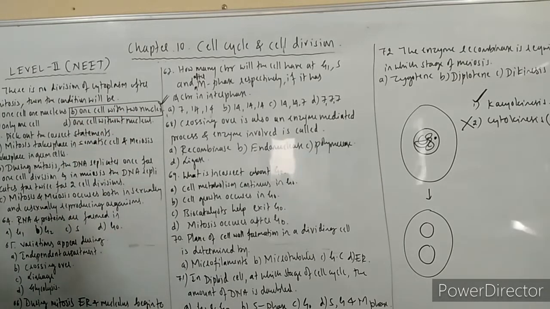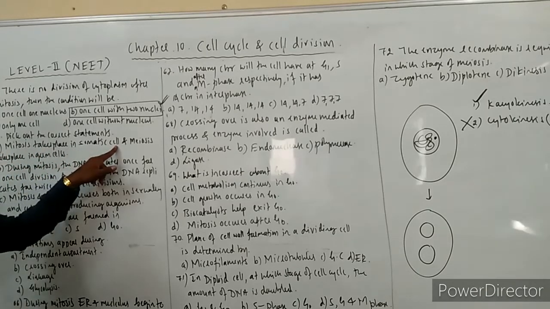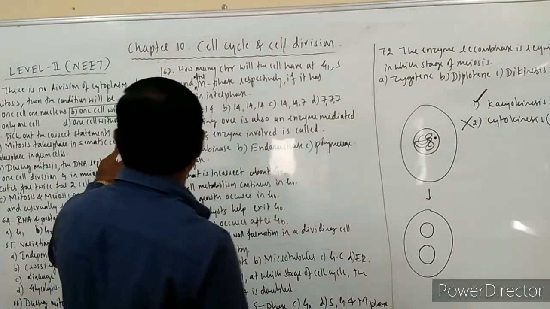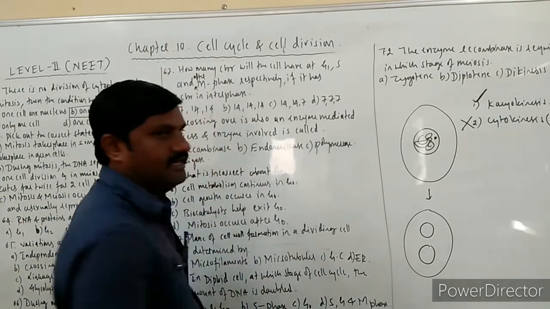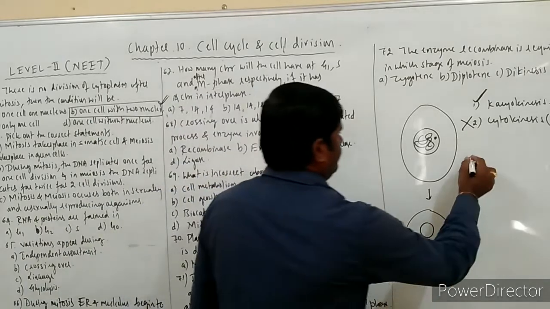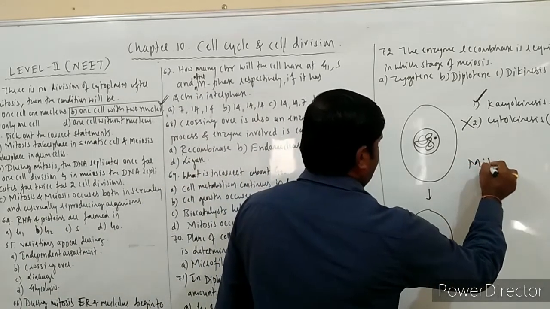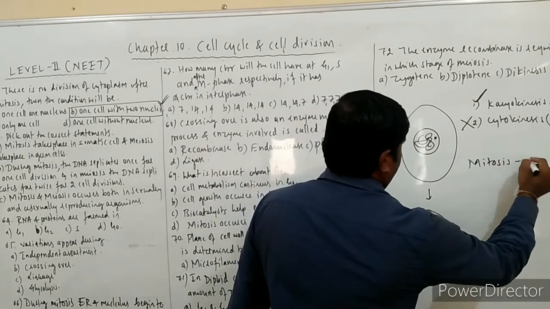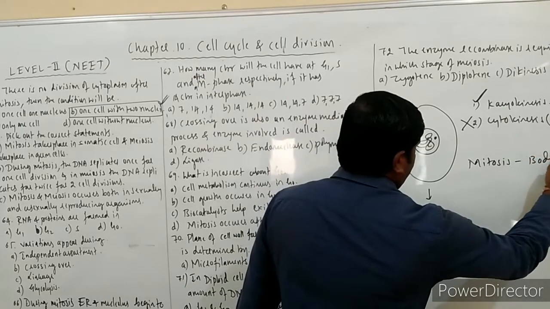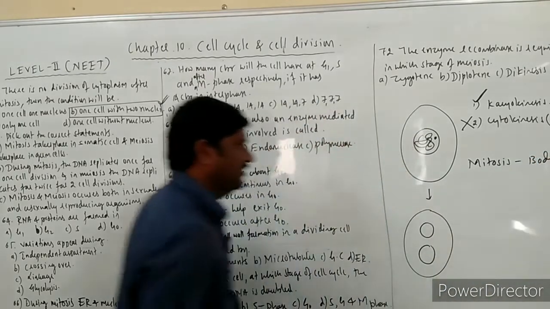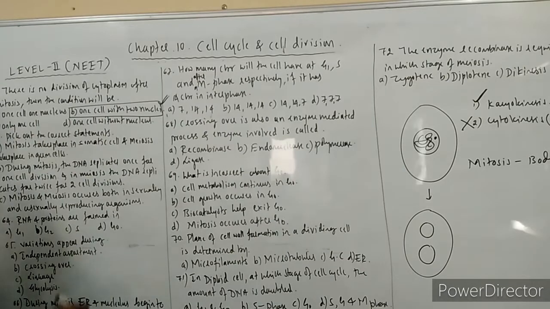What is the next question? Pick out the correct statements. We will have to analyze here. The first statement: mitosis takes place in somatic cells. Of course, mitotic cell division occurs in somatic cells, or body cells.